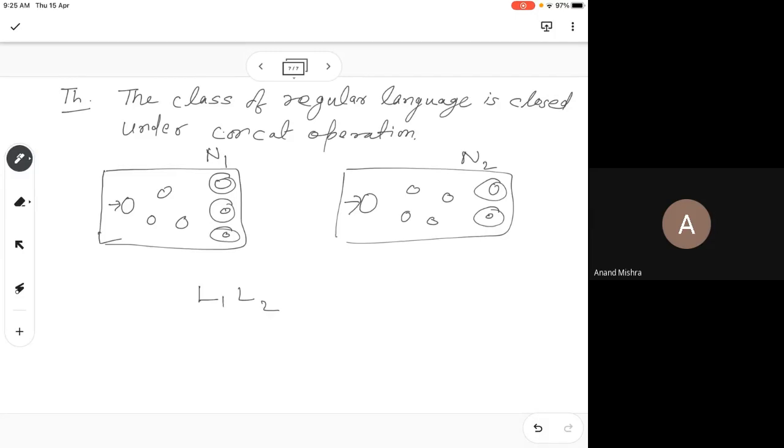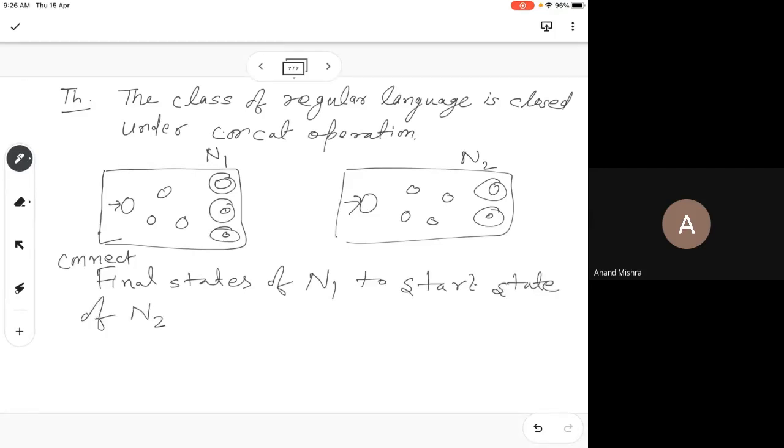So how do we do that? It's again very simple. What we can do is connect the final states of N1 to the start state of N2.